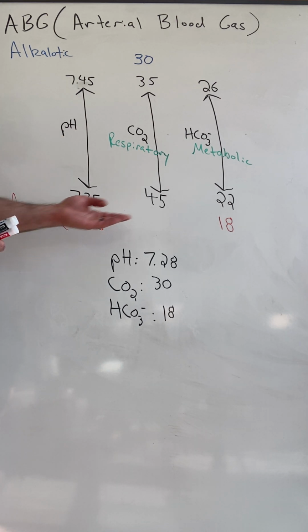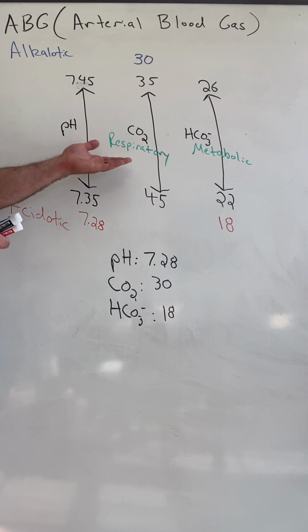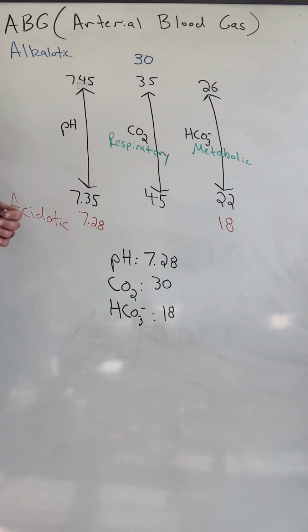Why? We have a metabolic acidosis. This patient's breathing off CO2, which can bring the pH up. We're trying to bring that pH back into the range, back to homeostasis, and it's not quite there. It's 7.28. It's still out of range. So we're trying to bring this pH up, but it's not normal. We're not back in homeostasis, so this is partial compensation.